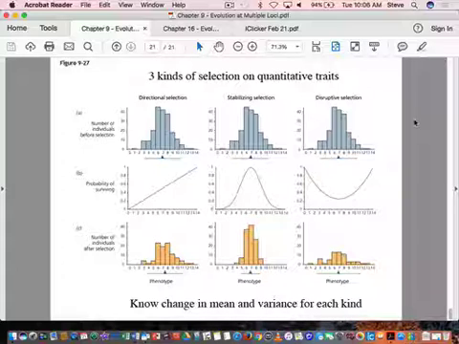Is it going up, going down, or remaining the same? What's a prediction? Yeah, it's going to go down. So directional selection does two things. It favors a more extreme phenotype, so it changes the average, and it reduces phenotypic variability. Okay?